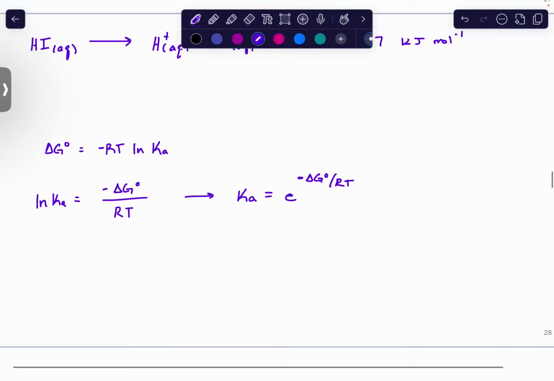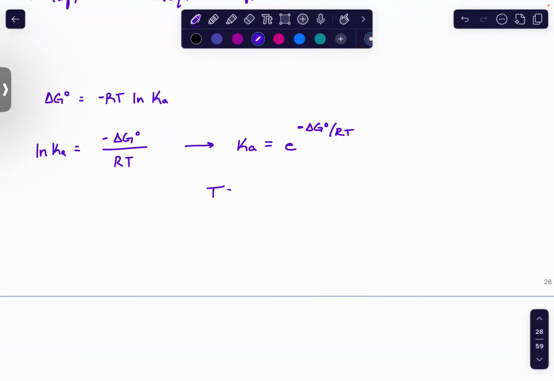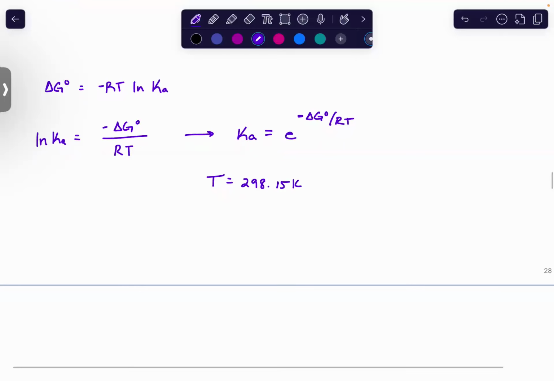So let's say we have a T of 298.15 Kelvin and R. When you're dealing with thermodynamic quantities, they're going to be in joules or kilojoules. So you have to use the 8.314, because that's going to be in joules per mole times Kelvin. So you have to use the R that brings energy in.